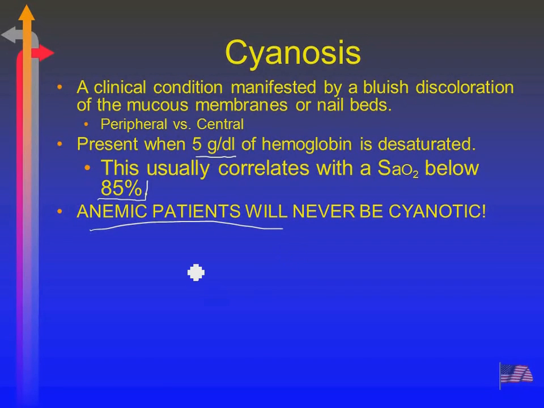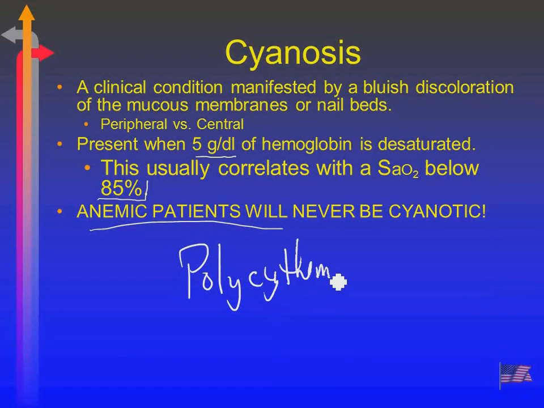In addition, those patients that are polycythemic often will be cyanotic when they're not necessarily hypoxemic. So patients with extreme end-stage lung disease who have hemoglobins of 18, 19, 20 will appear cyanotic, but their PaO2 really is not that bad.